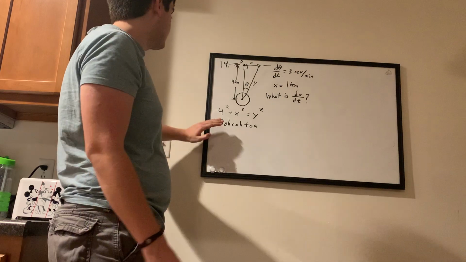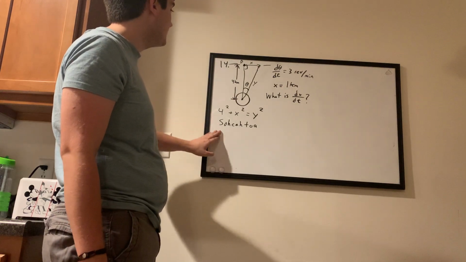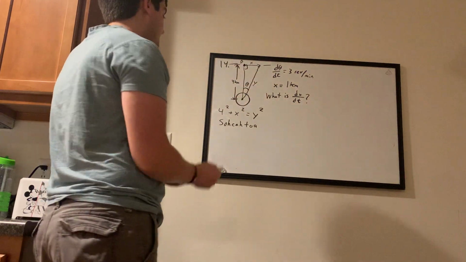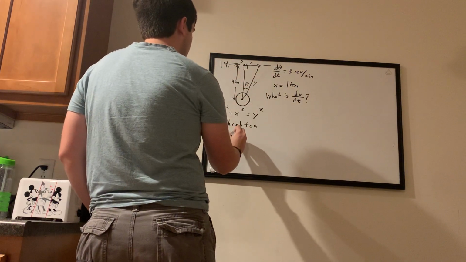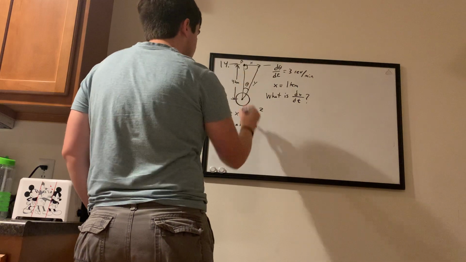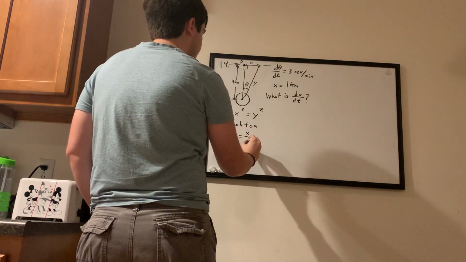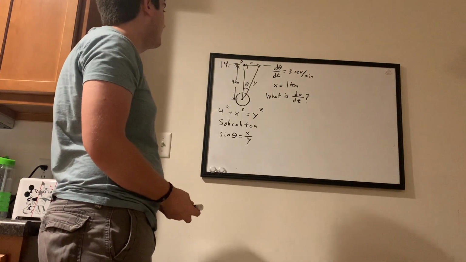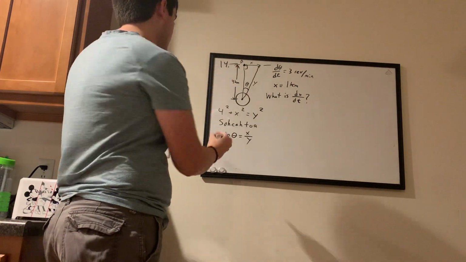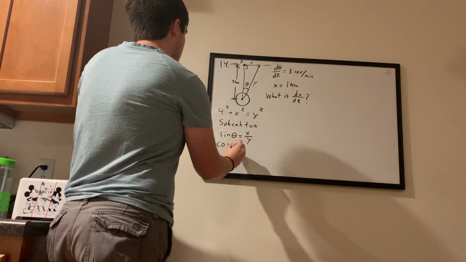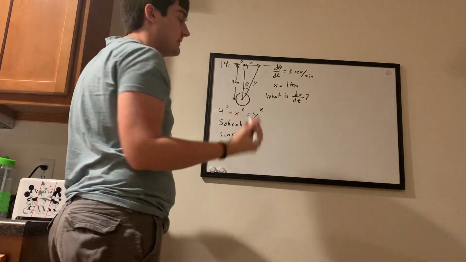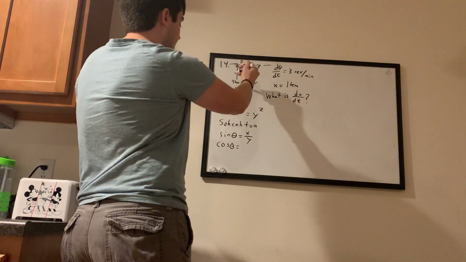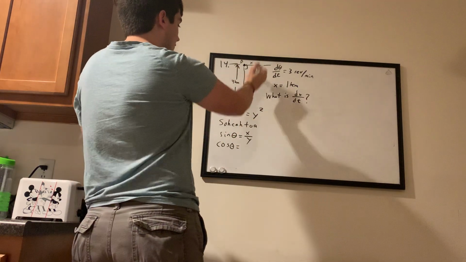We know that sine is the opposite side from our angle over the hypotenuse of the triangle. So sine of theta is equal to the opposite, which is x, over the hypotenuse, which is y. So there's maybe a useful equation. Cosine is adjacent over hypotenuse, so that is the adjacent side of the triangle, which is 4, over the hypotenuse, which is y.